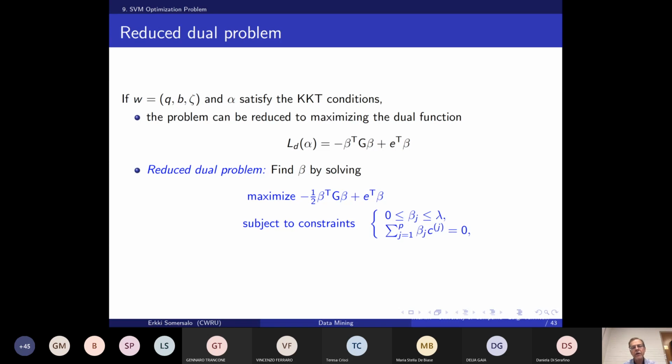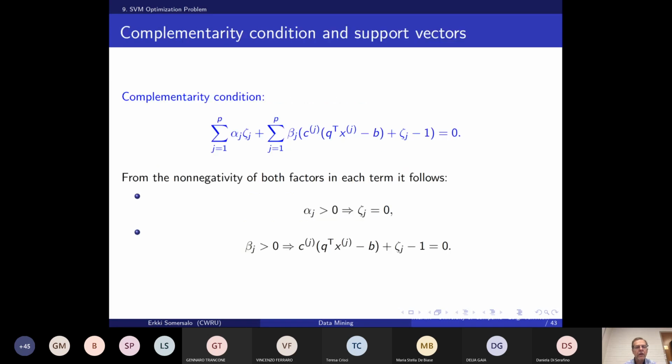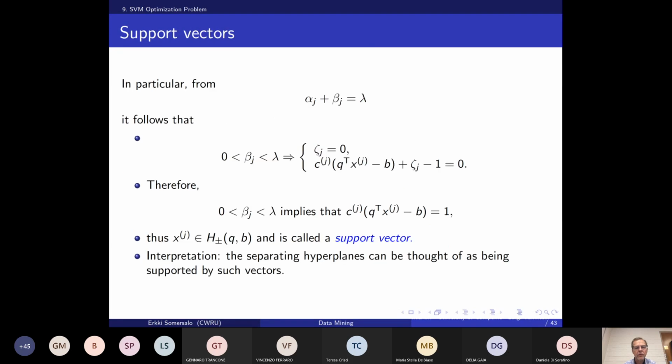Unfortunately, this is not possible because of the linear constraint: if you fix p minus 1 coefficients, then the pth coefficient is also fixed. So you cannot optimize one beta component at a time, but what you can do is take a pair of betas and optimize with respect to the pair. And that's exactly what we did.